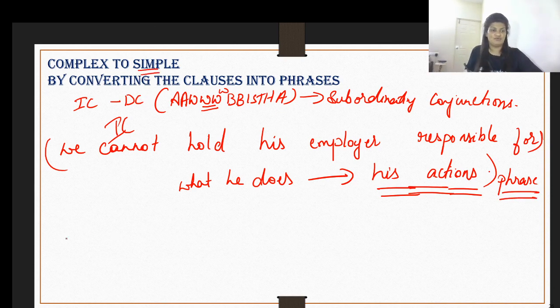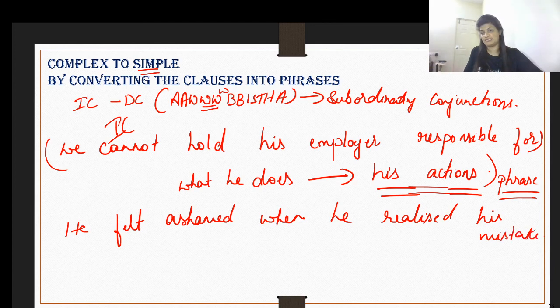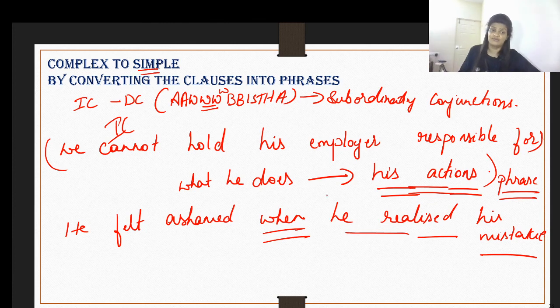All right, let me give you another example, which is: he felt ashamed when he realized his mistake. Now you got to convert this clause, when he realized, into a phrase by eliminating your conjunction when. When is one of your subordinating conjunctions.